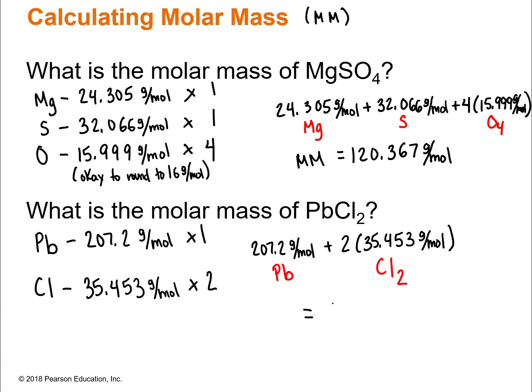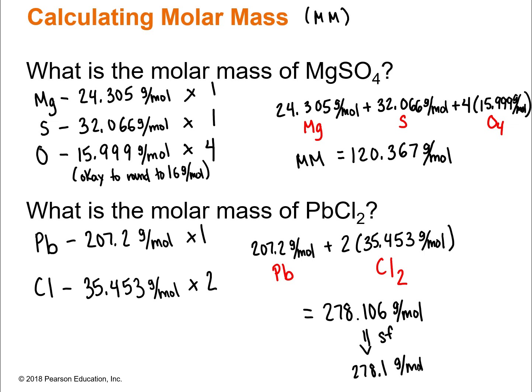When you add those together, you should get 278.106 grams per mole. Now, if we were doing strict sig figs, then we would do the adding rule, and we would only be able to report 1 decimal place.